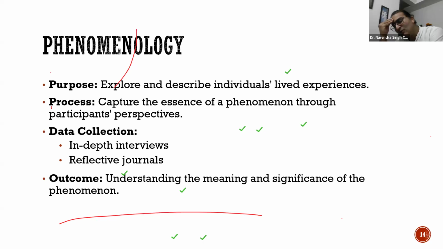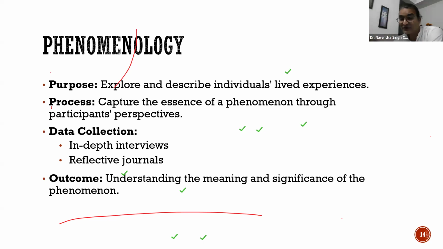Now, for example, I want to conduct research on transgenders. In 2019, the government of India came out with the Transgenders Act 2019. So there are certain policies and certain laws made for the transgenders. Now, if I really want to study whether there is any change in the life of transgenders after this bill came into existence, which could be the better methodology?